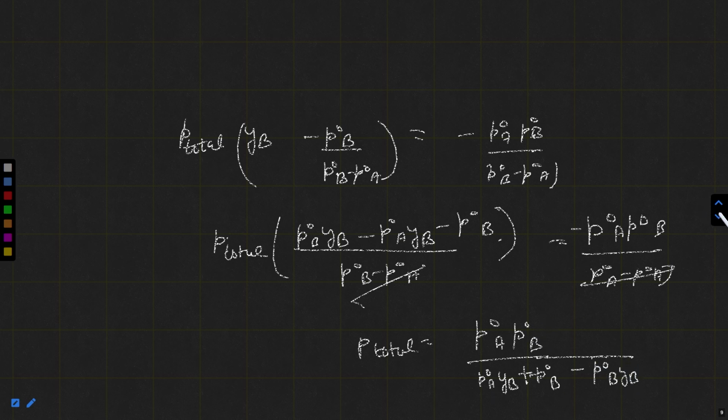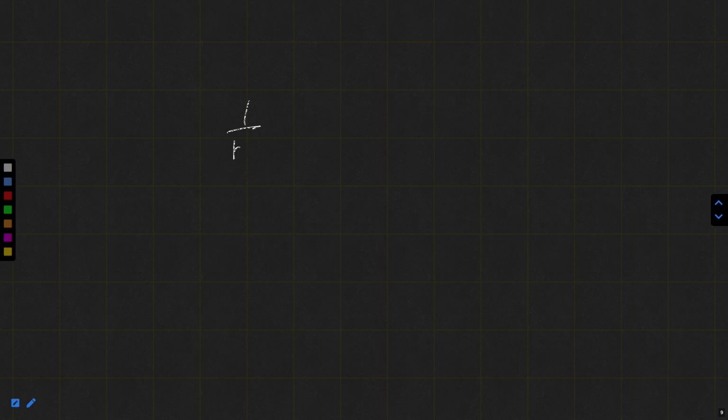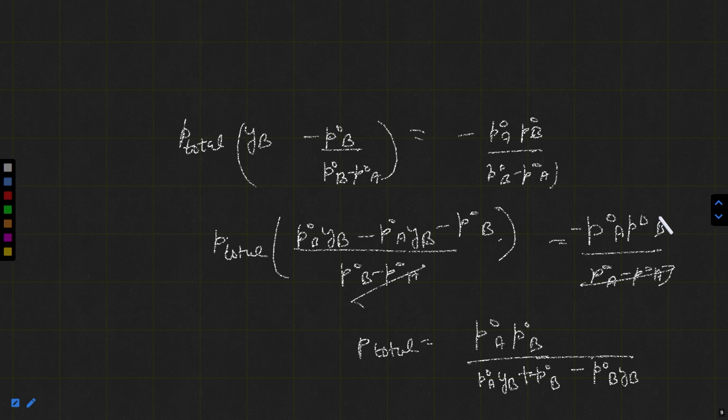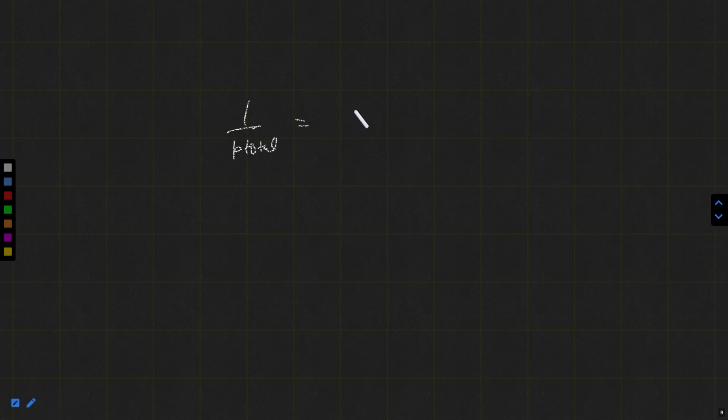If I take just the reverse of it, it will become 1 by P total is equals to P naught A YB by P naught A P naught B.